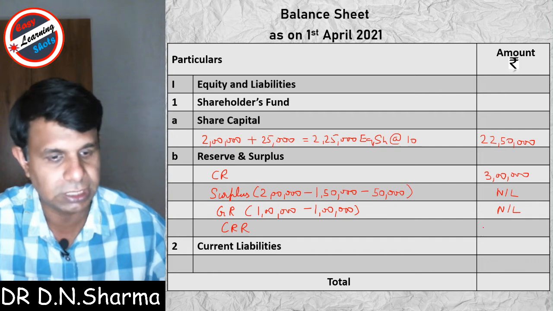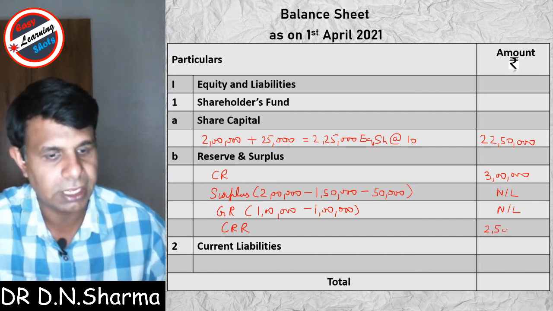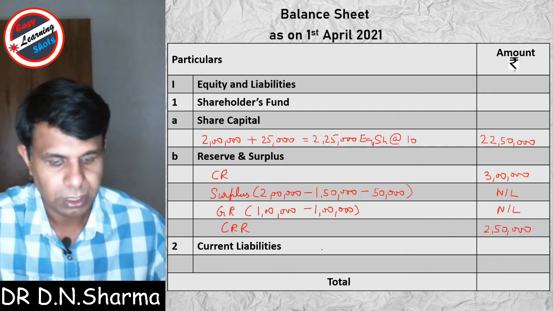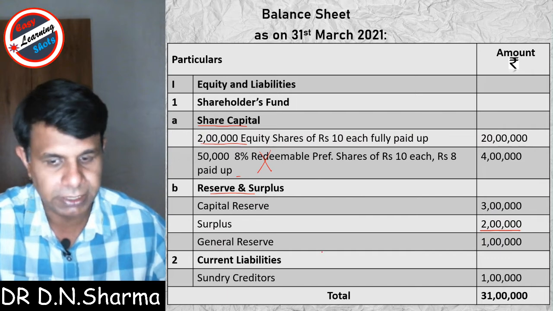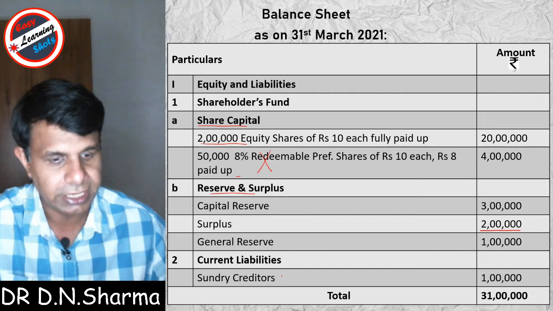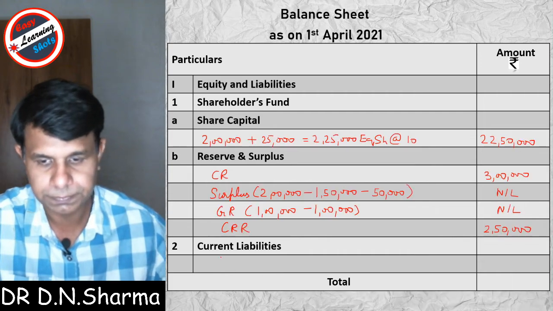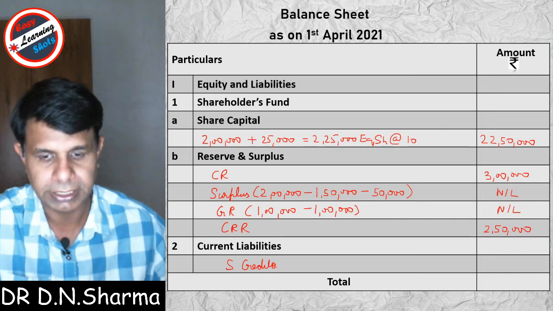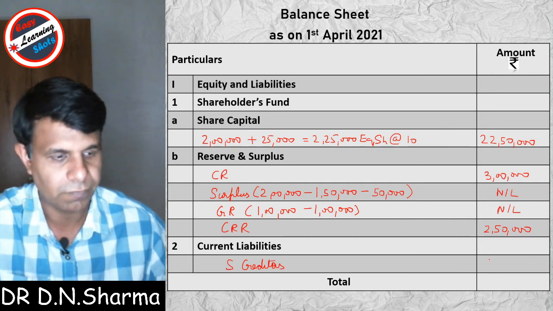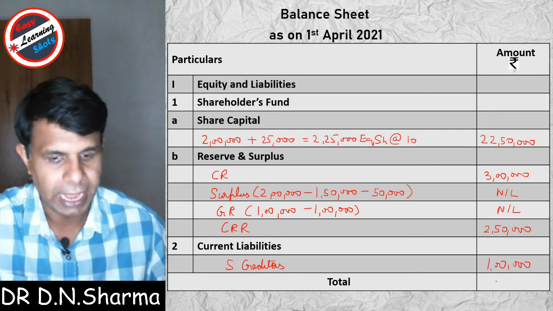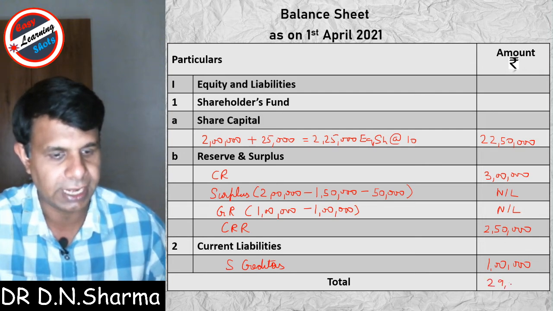This is our new reserve and the amount is 2,50,000. There is no adjustment in current liability, so we exactly write this amount, that is sundry creditors 1 lakh rupees. So we have sundry creditors of 1 lakh, and the total amount of the liability side is 29 lakh.